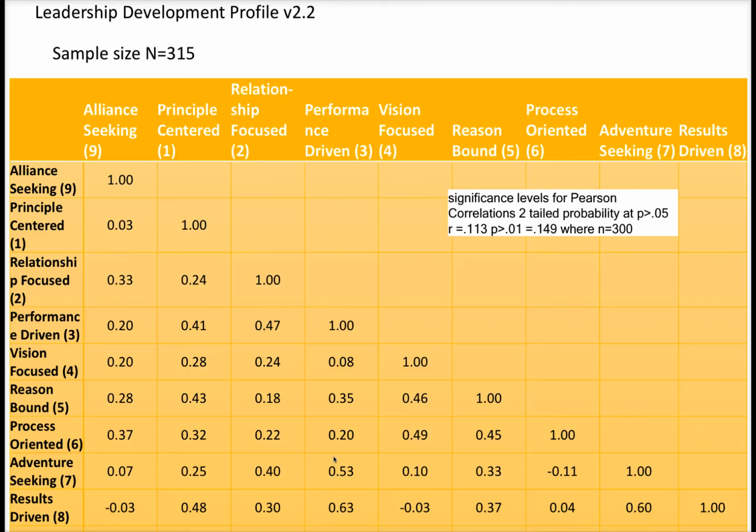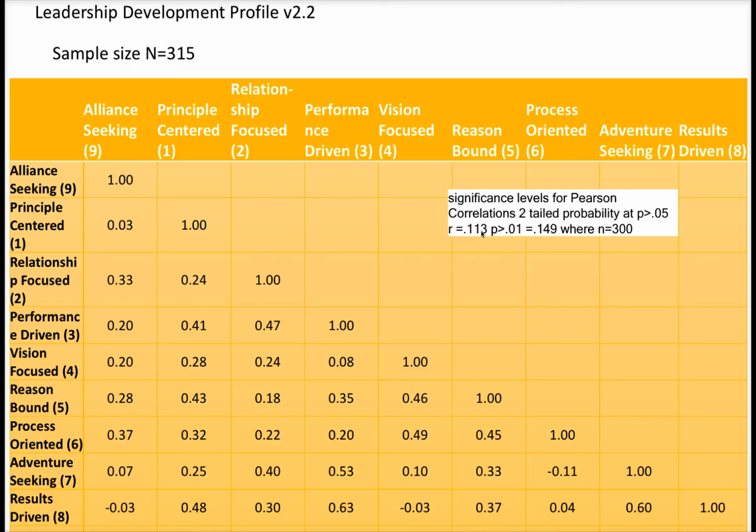When we look up a probability table for Pearson correlations, and you can get these kinds of tables in any stat book or online, you can just Google them, we would see that at the 0.01 level of probability, a correlation as low as 0.113 would be statistically significant.